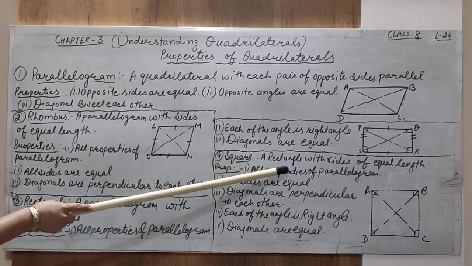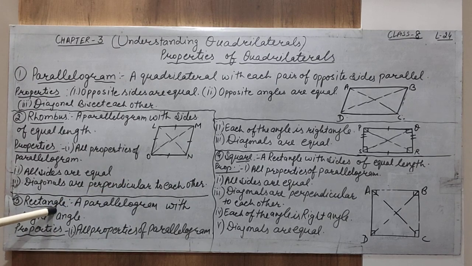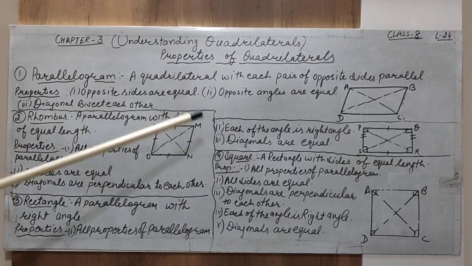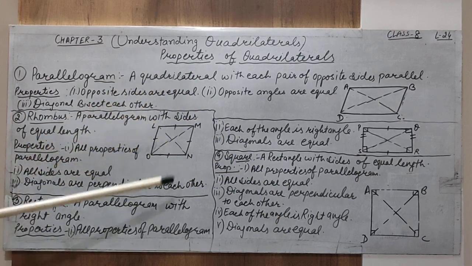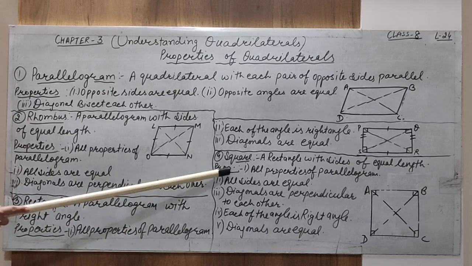Now when I talk about the rectangle, all the properties of the rectangle are included in the square, and in the rectangle all the properties of the parallelogram are included. So in a square, all the properties of the parallelogram as well as all the properties of the rectangle are already attached.